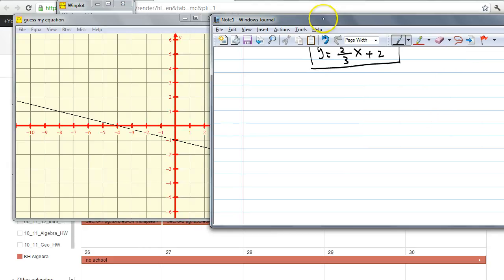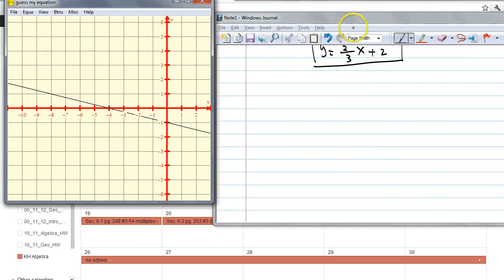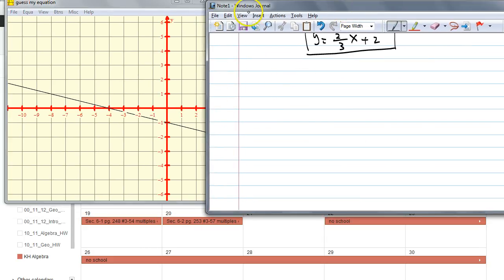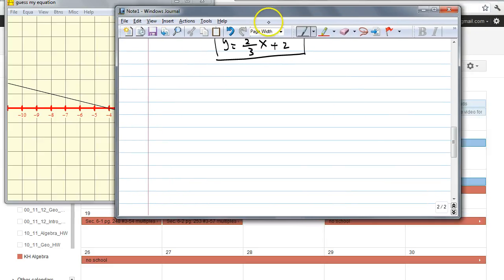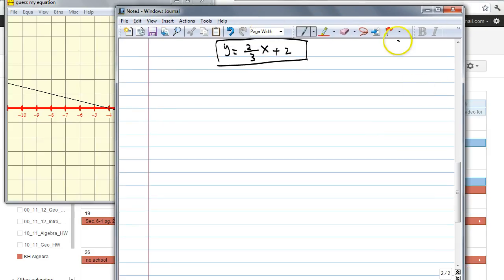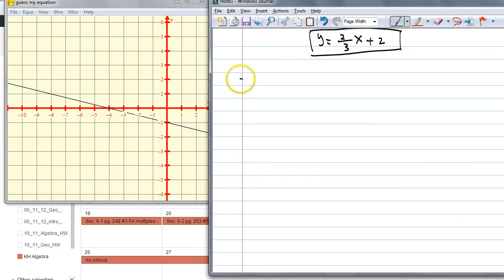There you go. All right. So who could tell me the equation of this line? All right. So we know the slope and the y-intercept. So what's the y-intercept of this one? We say -1.